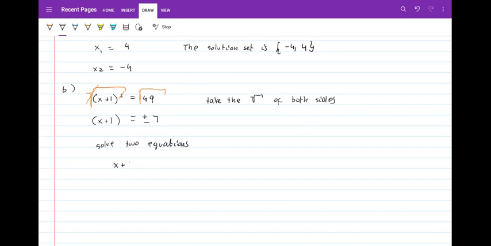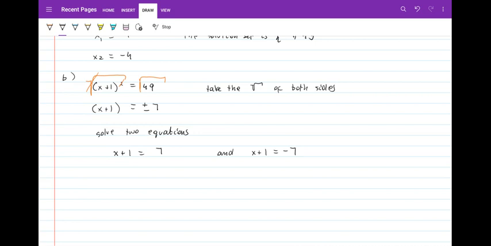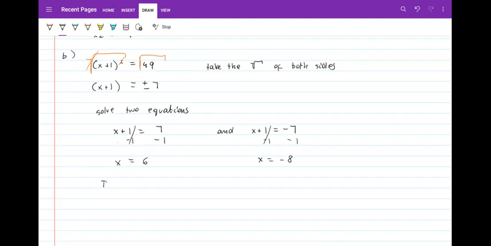The first one will be x plus 1 equals positive 7, and the second equation will be x plus 1 equals negative 7. Just solve each equation for x. We're getting x equals 6, and here we're getting x equals negative 8. So two solutions.